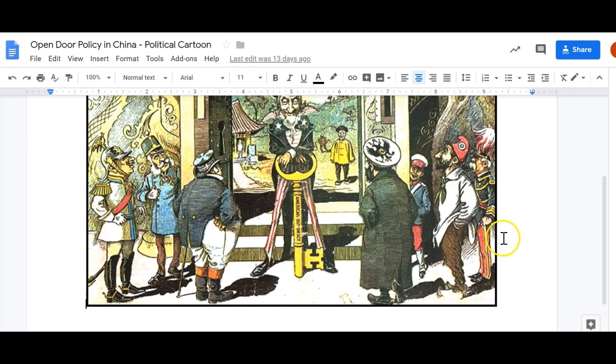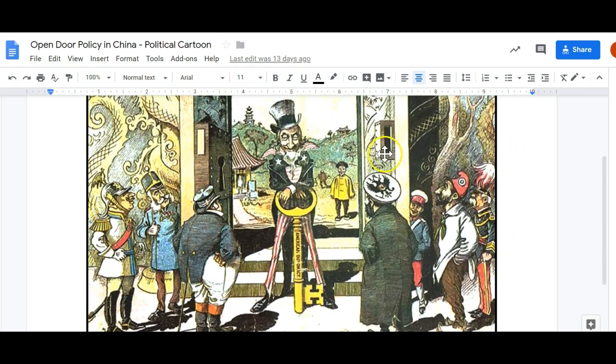Okay, and then start looking at all the different people. Look at facial expressions, what they're wearing. Sometimes what they're wearing gives you an indication of where they are from. Looking at facial expressions and body language is going to give you an idea of perhaps what they're thinking or they're feeling, their mood.